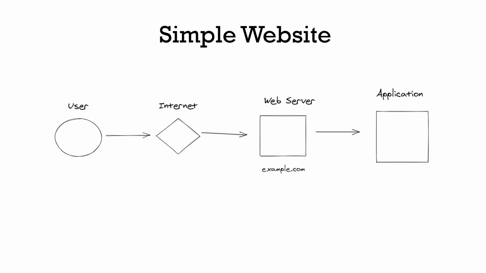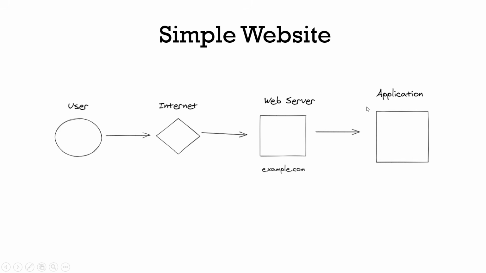Now let's get a visual so you can kind of picture this all in your head and understand it conceptually. What we have here is your standard setup where you have users, they make a request, the internet then routes that to your domain, which is an IP address behind that where your web server is. Your web server will be something like Nginx or Apache, which you may have heard of, and that web server will then route it to your application.